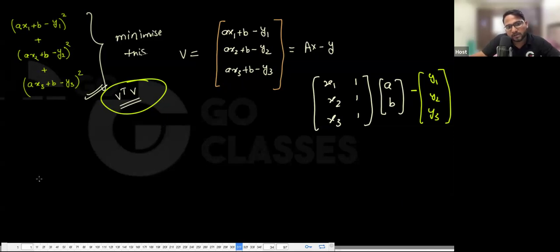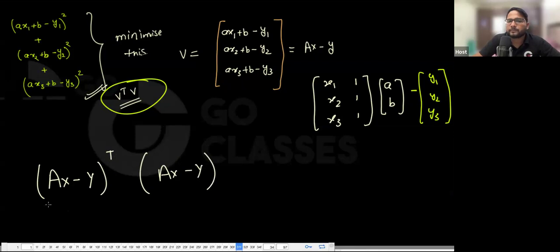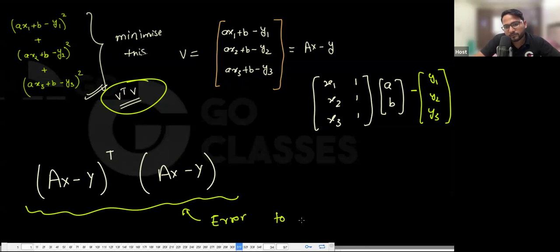So this particular scalar is nothing but ax minus y transpose into ax minus y, right? This is our scalar that we are interested in, which is the error. This is the scalar, or error, that we want to minimize, or you can call it squared error.